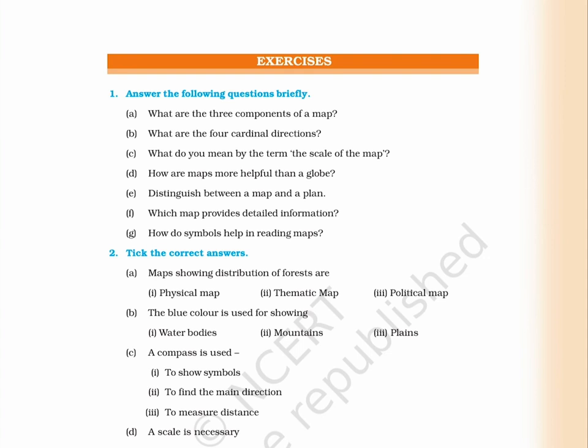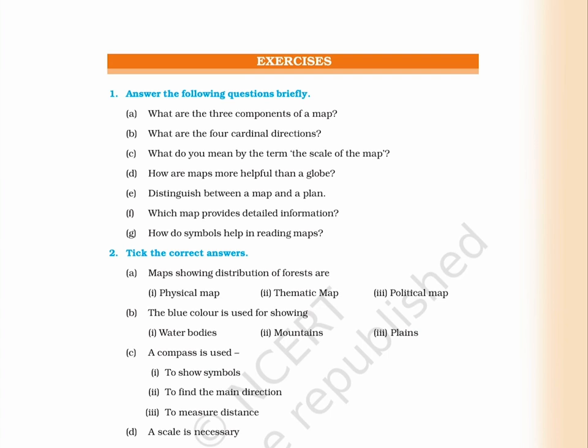2. Tick the correct answers. A. Maps showing distribution of forests are 1. Physical map, 2. Thematic map, 3. Political map. B. The blue color is used for showing 1. Water bodies, 2. Mountains, 3. Plains.